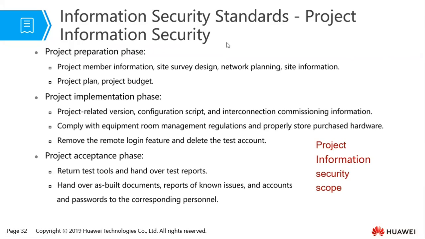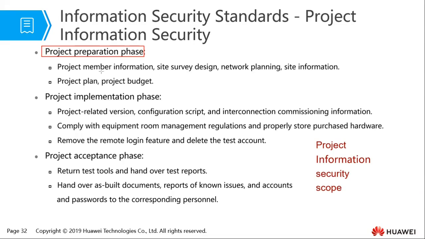So the project information security, some of the details. For example, during the project preparation phase, the individual project members' information, on-site survey design, network planning, site information, all these are regarded as a business secret. The project plan and the project budget.